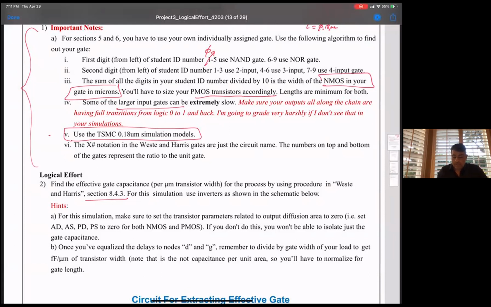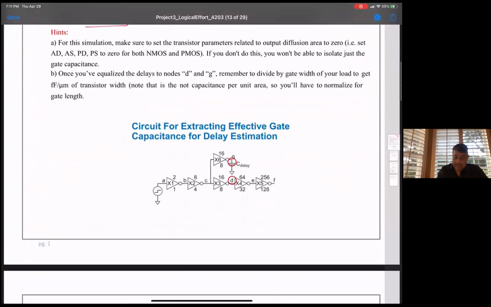All right, so that's that. The other thing that's tripped people up in the past is these schematics. They have this X1, X2, X3, whatever, and it gets all confusing. You think, well, does this mean it's 6 times bigger than the unit inverter? It's not. It's just that in SPICE, subcircuit names start with X, so it's X and some number.